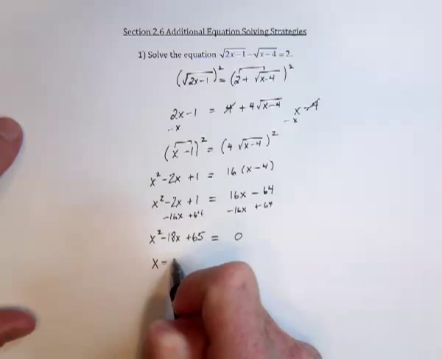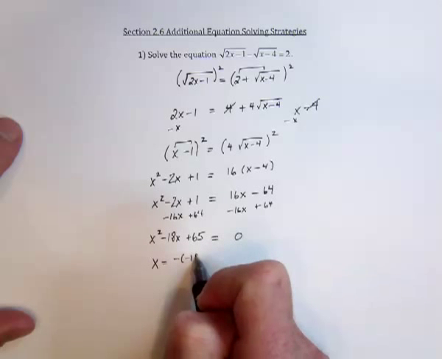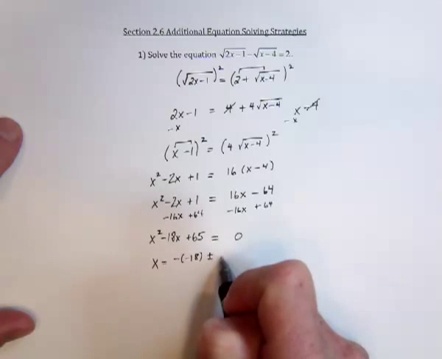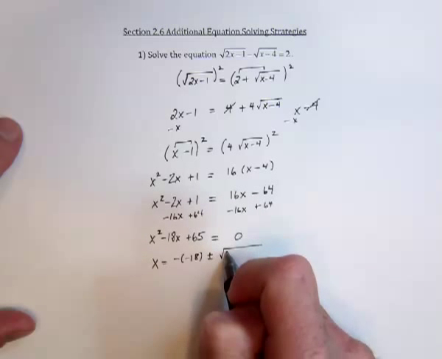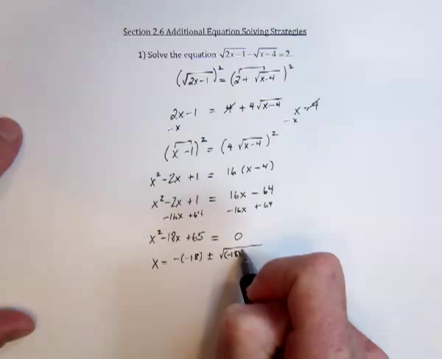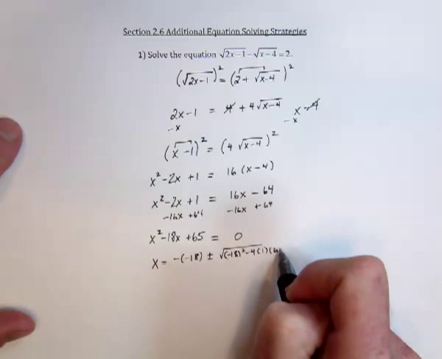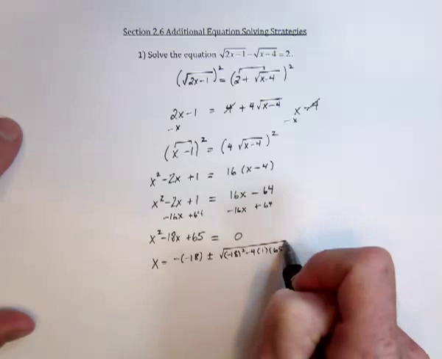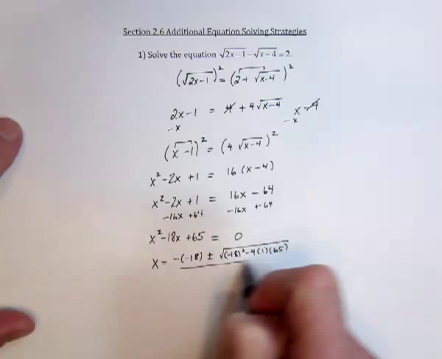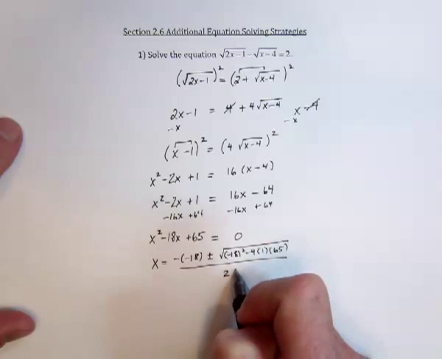x is equal to negative b plus or minus the square root of b squared minus 4 times a times c, all divided by 2 times a.